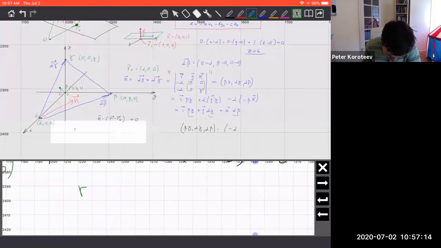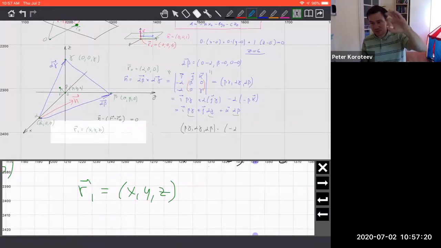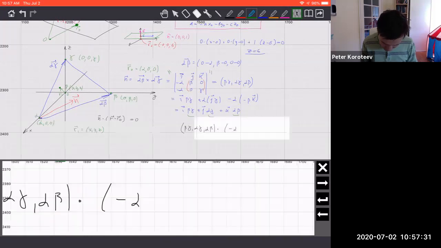So R1 is always x, y, and z. That's the point which, instead of R1, you can plug in any point on the plane. And R0 is alpha, 0, 0. So that's how the calculation will go.